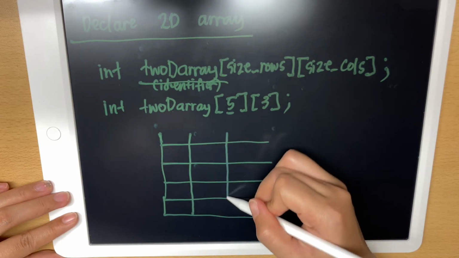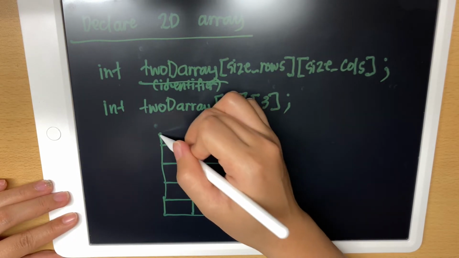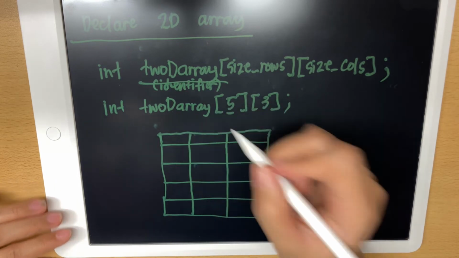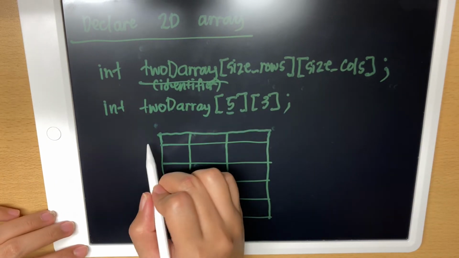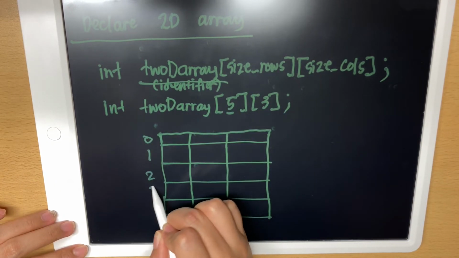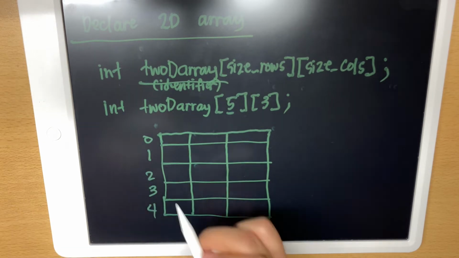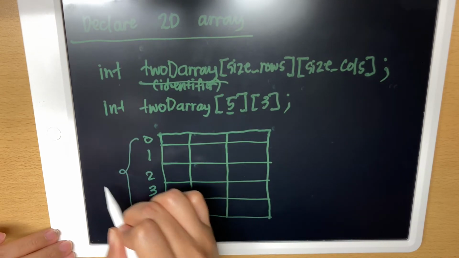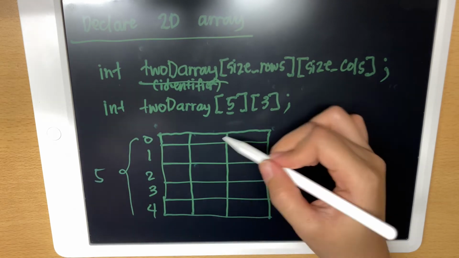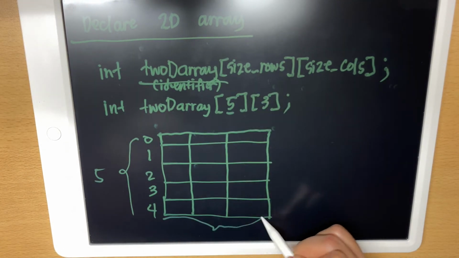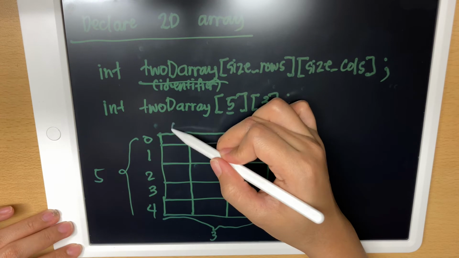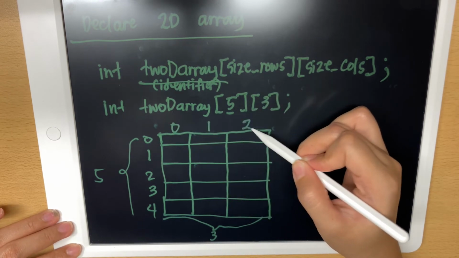Or you can put 3 data. So we have here 0, 1, 2, 3, 4. This is 5. And we have here 3, which is the index 0, 1, and 2.